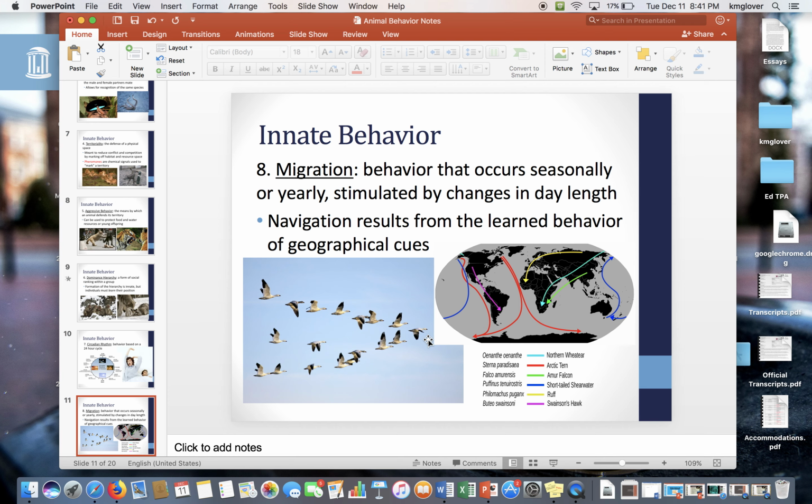It's warmer, and then when it gets warmer up north, they will fly back. So birds migrate. That is an innate thing that they do. And they learn to navigate based on geographical cues. Here's a little graph of some routes that they take. That's migration, and that's an innate behavior that they have. They know to go south for the winter. So that will be a good example for you to put on your sheet.